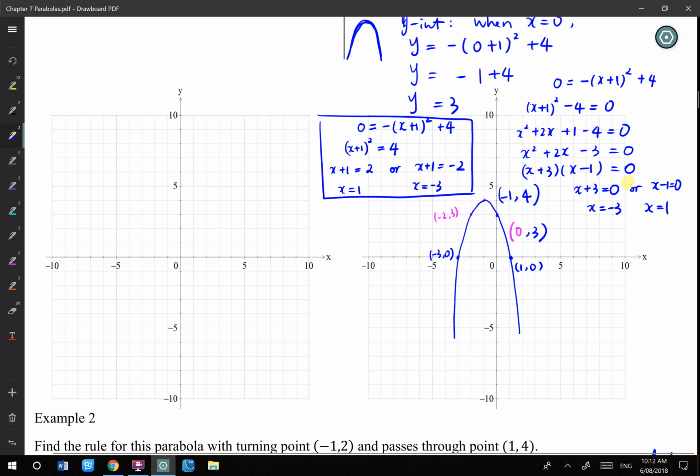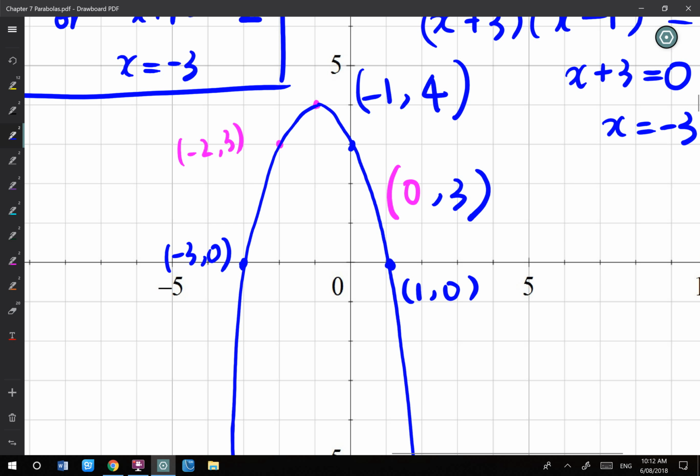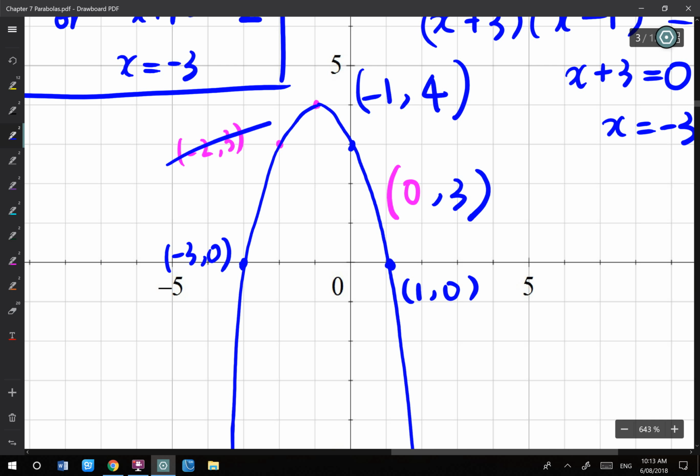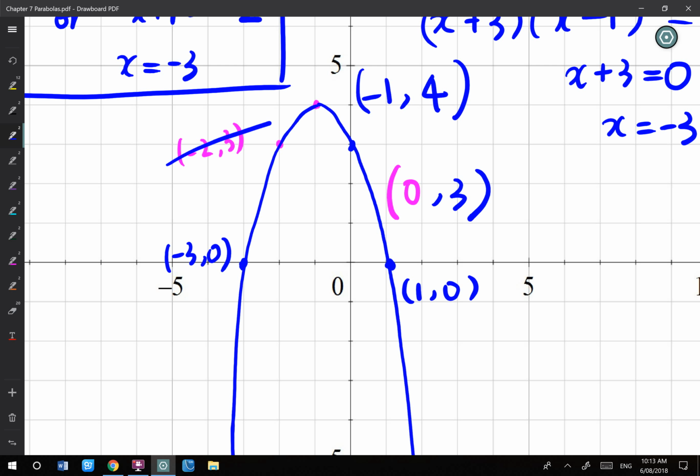For this one, I have labeled 5 points. This point is not really necessary, but I must label the turning point, the y-intercept, and the 2 x-intercepts. So if you have them, you must label them. If you don't have all of that, you at least need to label 2 points.